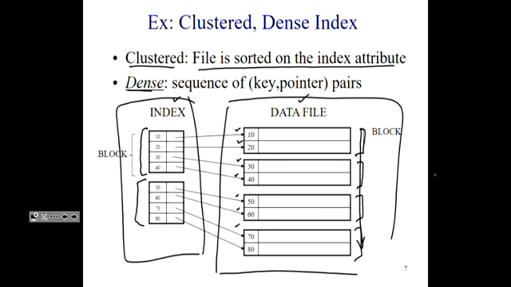So here you have information about 4 different tuples in a block. Here you only have information about 2 different tuples in a block. This is because the data is typically longer than the amount of space it takes to store one pointer, right? Here you're only storing one pointer. Here you may have many different fields.